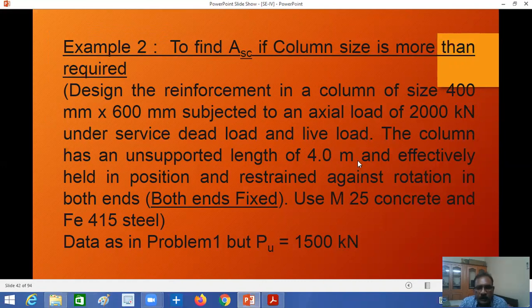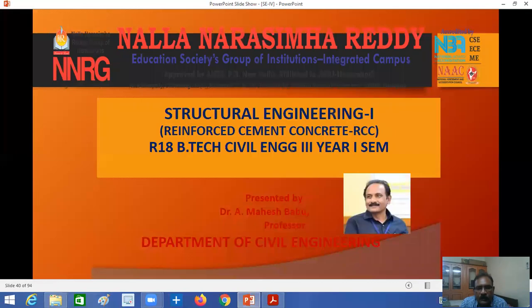The axial load given here is 1500 kN, instead of 2000 kN. That is the service load and dead load. The column has an unsupported length of 4 meters, effectively held in position and restrained against rotation at both ends, fixed. Use M25 grade concrete and Fe415 steel.